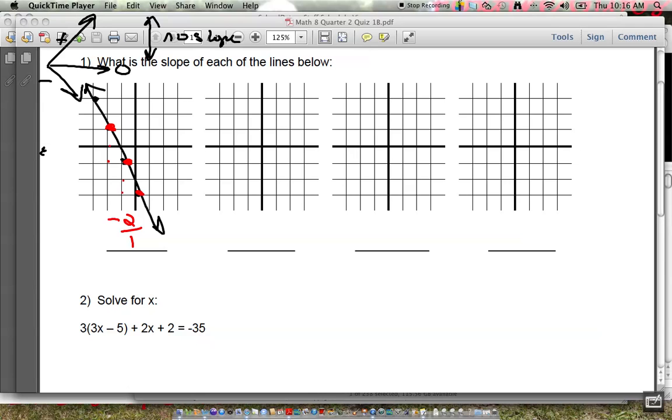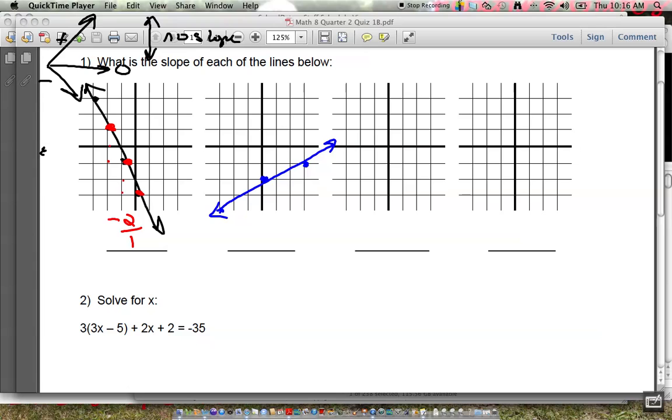All right, so now we get to the next question. And the points for this one are here, here, here. And we're asked to find the slope of this line. Now, first off, is this line going up or is it going down? Up. So it's what kind of slope? Positive.